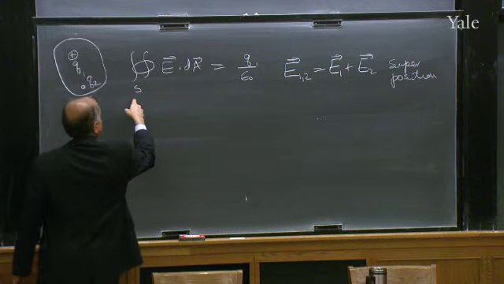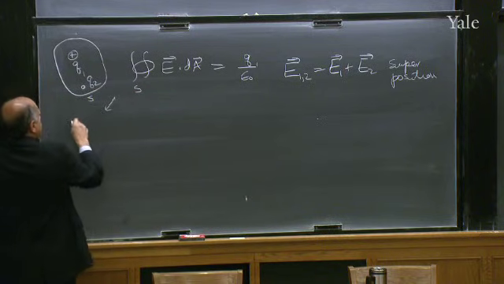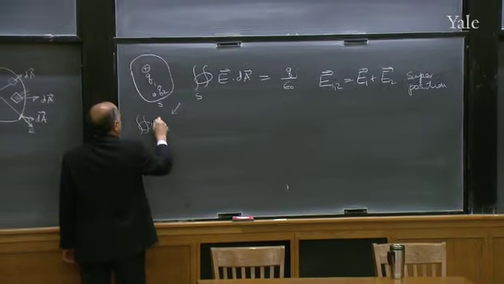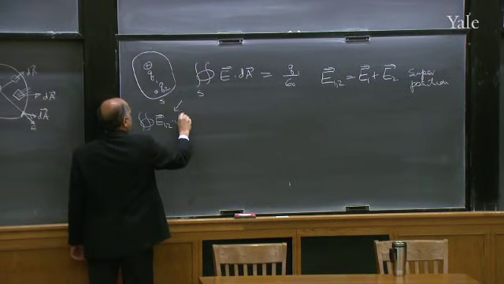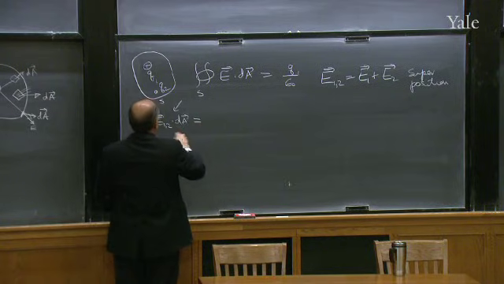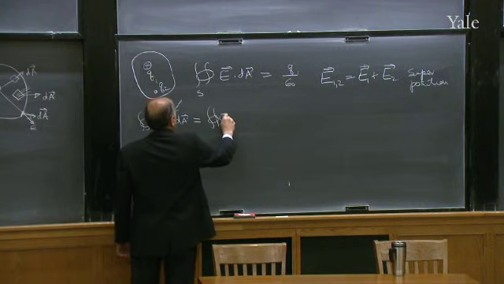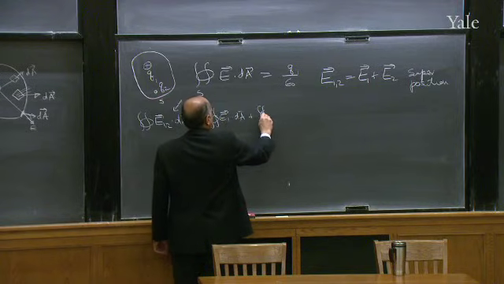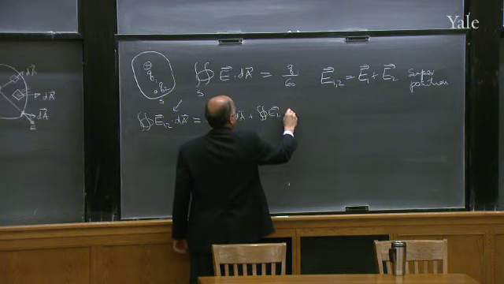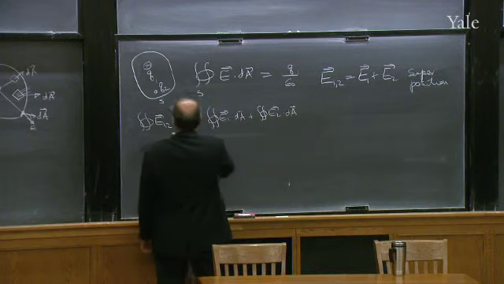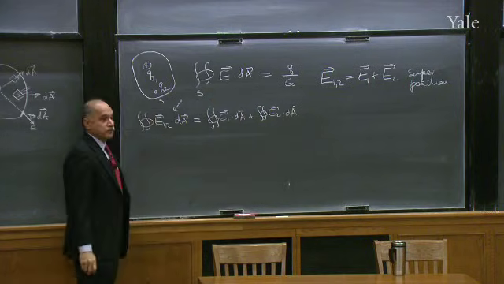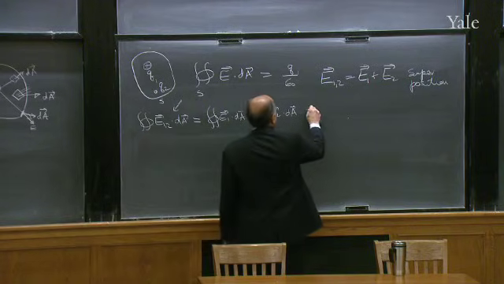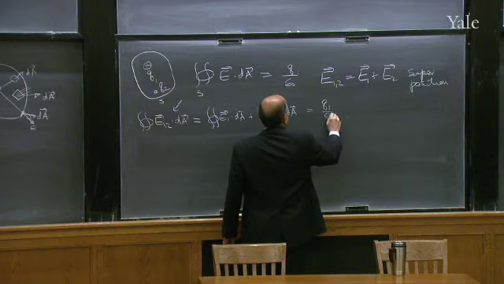Therefore, on the left-hand side, you might say, if both charges are inside, the surface integral of E1,2, meaning when both are present, is equal to the surface integral of E1 dot dA plus the surface integral of E2 dot dA, because E12 is E1 plus E2. But the first guy is Q1 over epsilon 0.